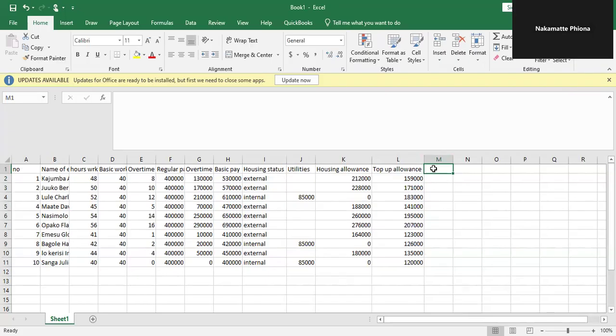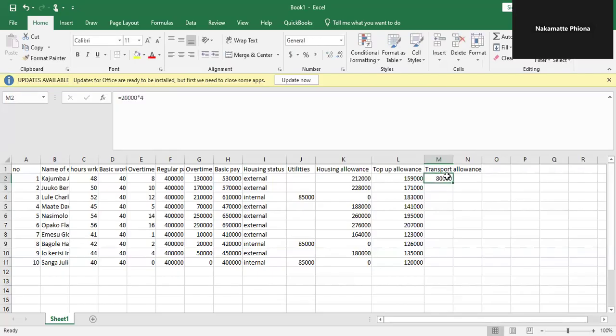Transport allowance is 20,000 each week for all employees, so times 4 because we are computing monthly.